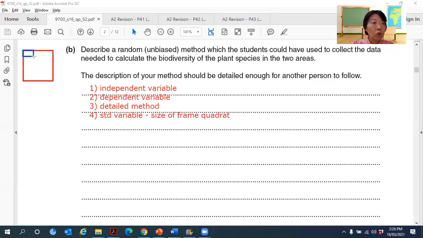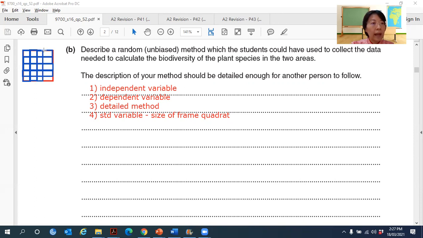Then you can use those small boxes inside to count the percentage cover. So there will be strings inside your frame, where you pull a string across your frame. So this is called your frame quadrat.